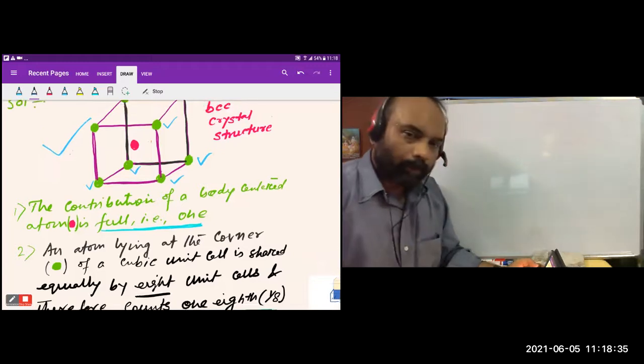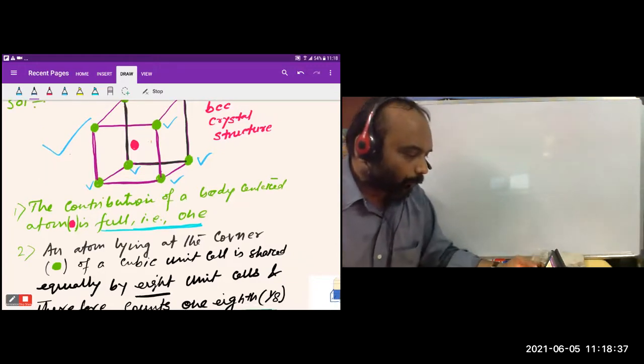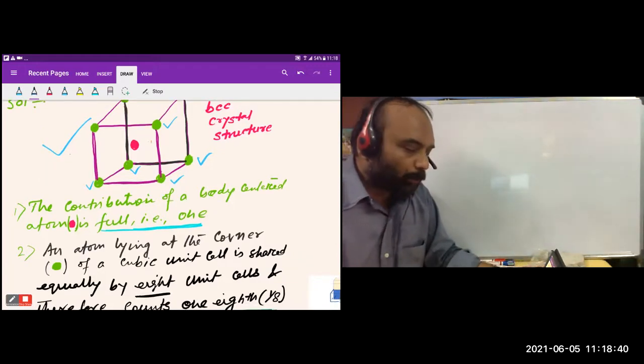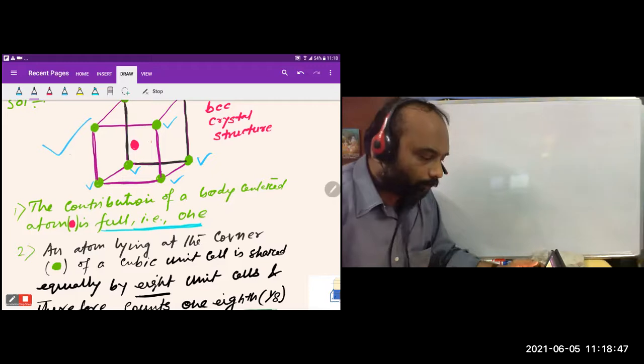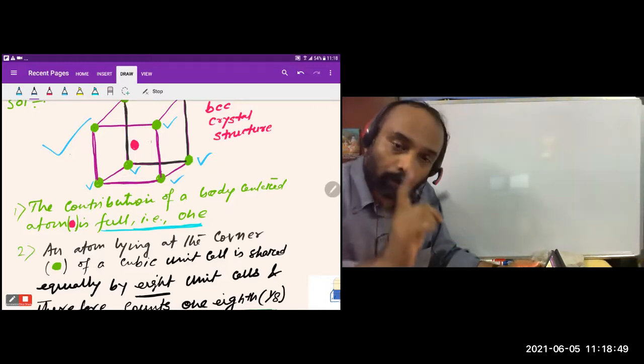So I have mentioned a few points here. Point number 1, the contribution of a body-centered atom, which is my red dot, is full, that is 1.